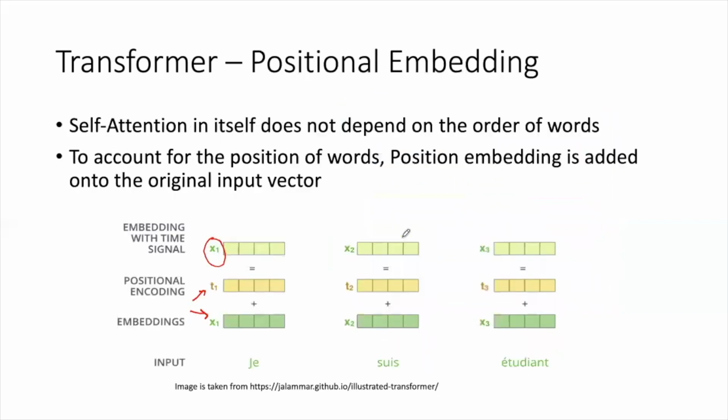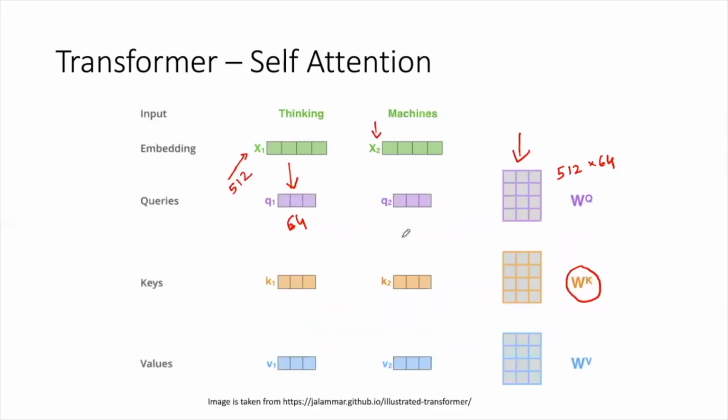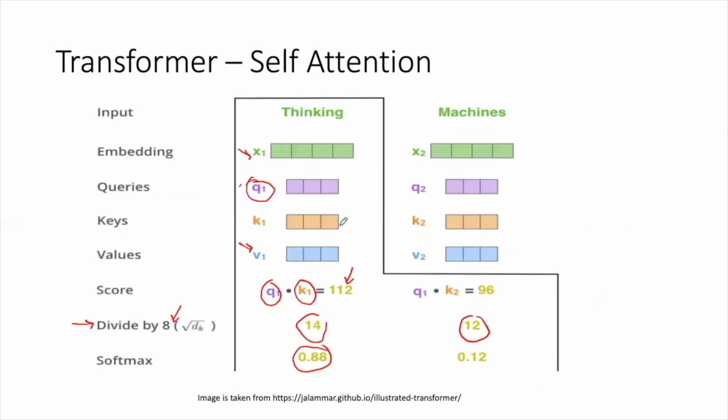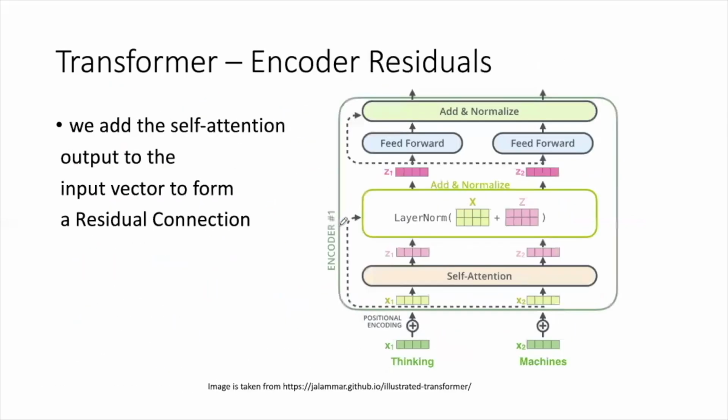Earlier we saw that once the self-attention is done, there is a feed forward network. But we don't pass it directly to the feed forward network. We have a layer normalization layer in between, which normalizes the contextual representation for each word.